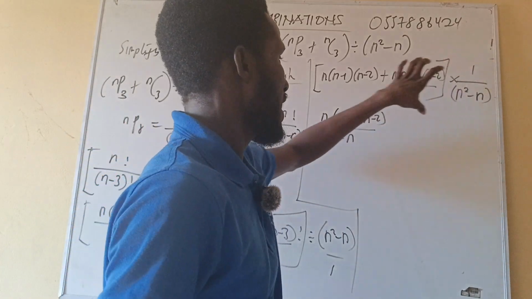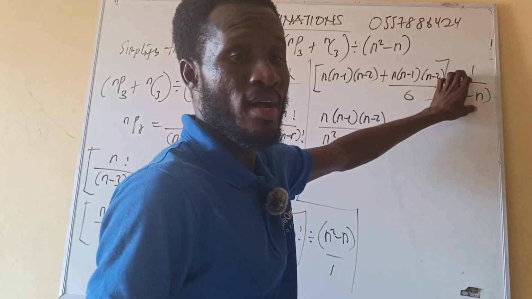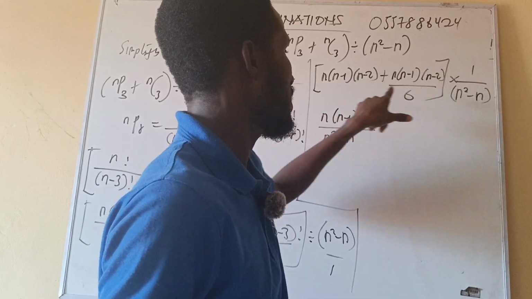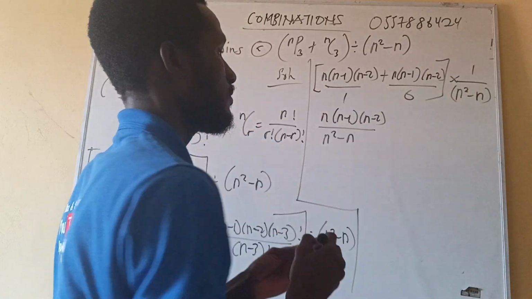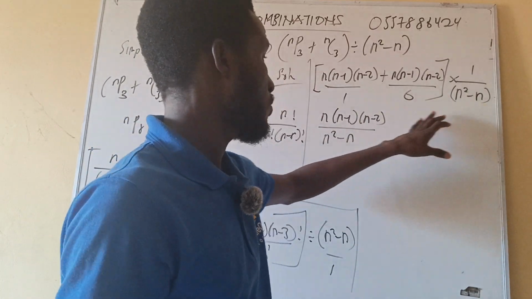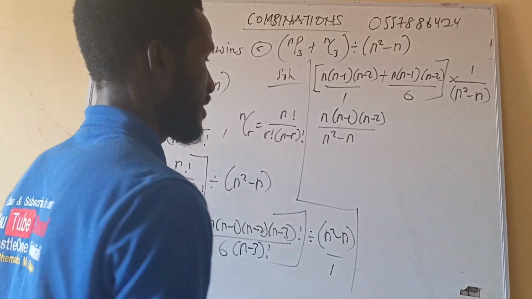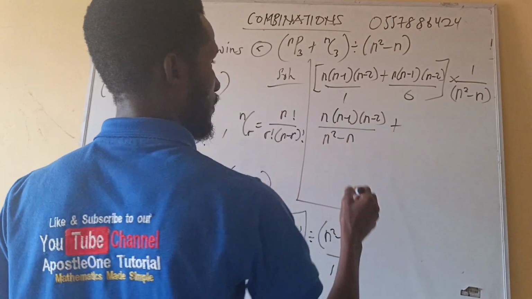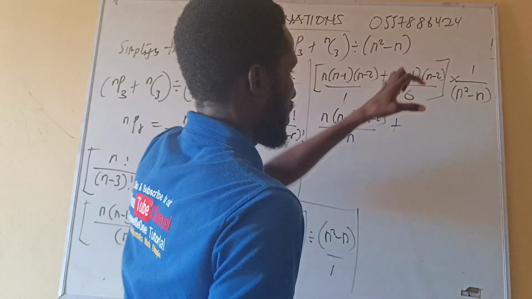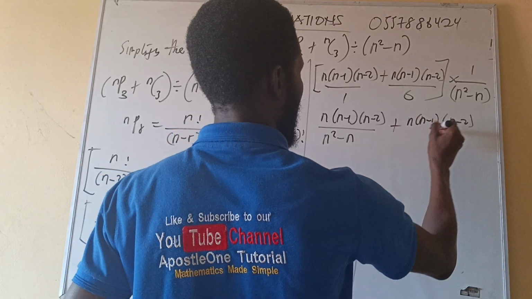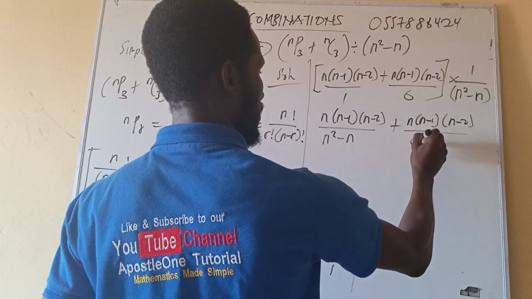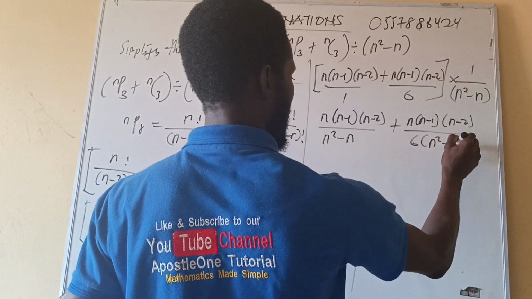Now this one is over 1, don't forget. Plus, this one multiplying, I'm going to get n times n minus 1 times n minus 2 divided by 6 times n squared minus n.